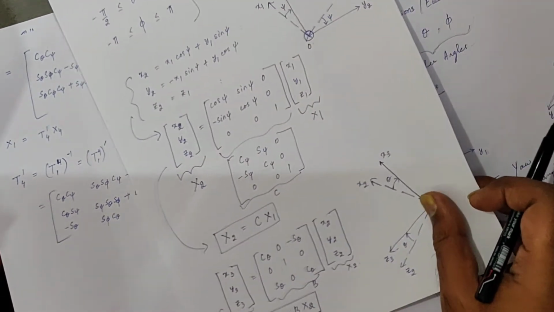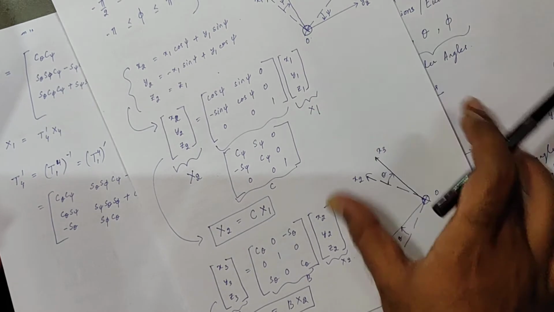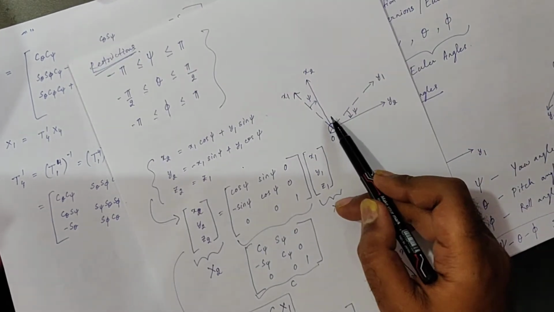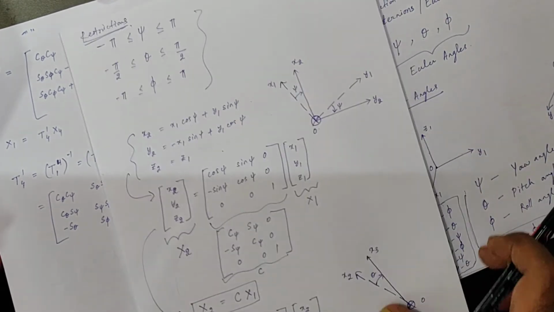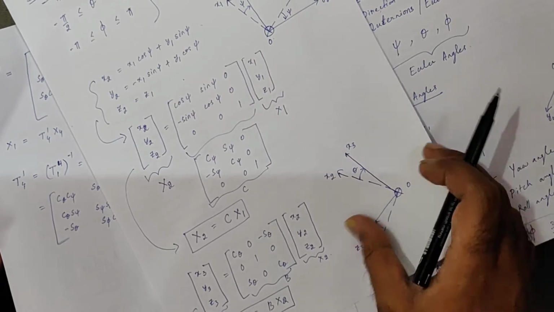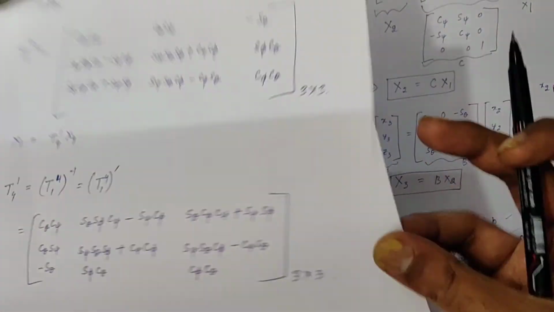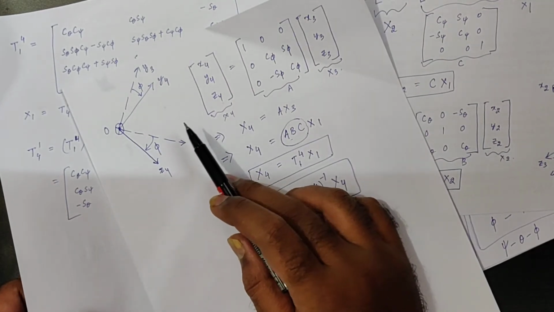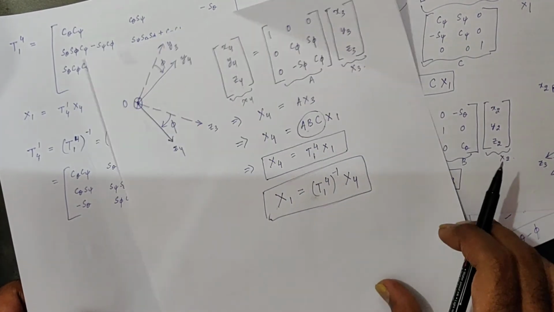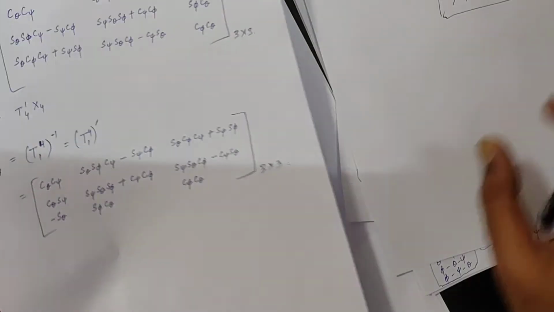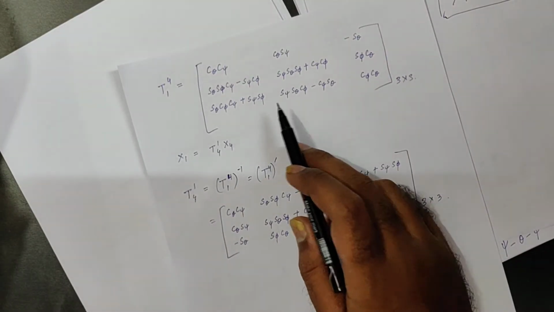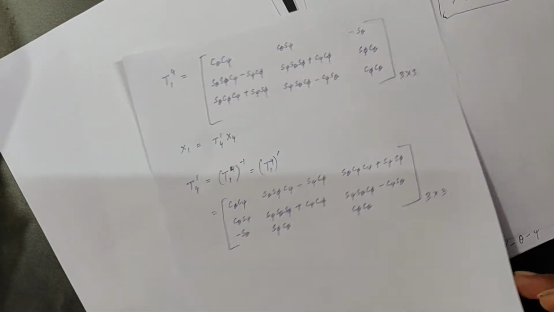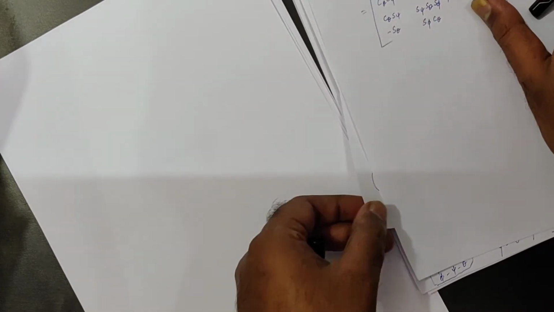So we had seen how we need to perform this psi rotation, then this theta rotation, and at the end we need to perform the phi rotation, and we had obtained the transformation matrix that is in this form, right? So let us proceed further.